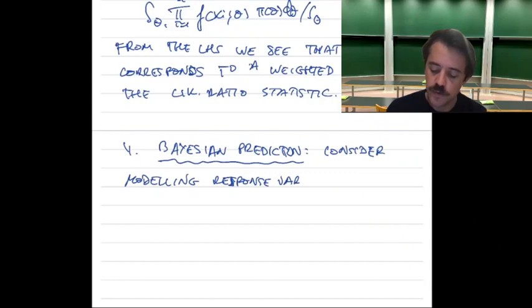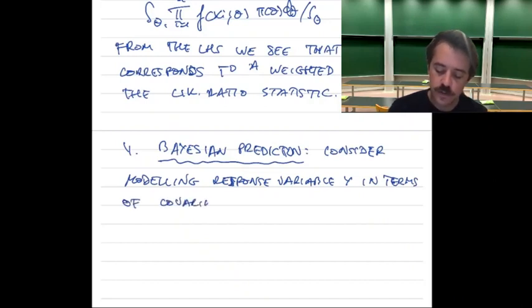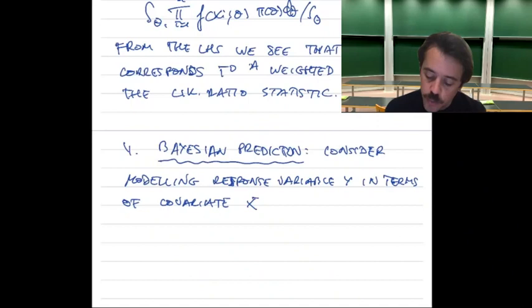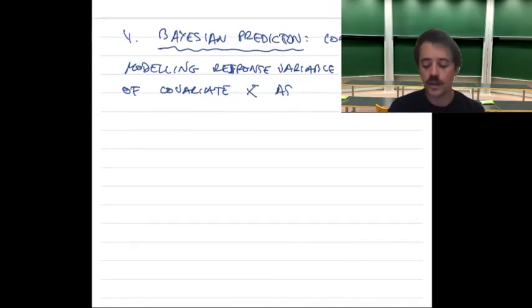variable Y, or capital Y, in terms of covariate capital X. And we do so through the following relationship.